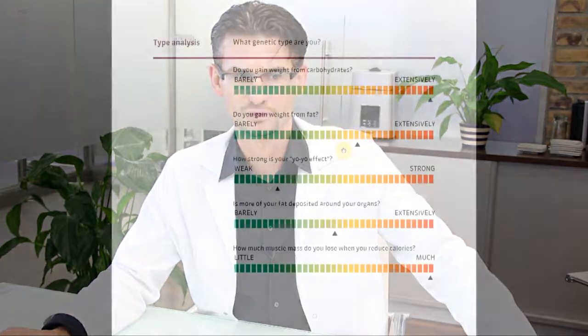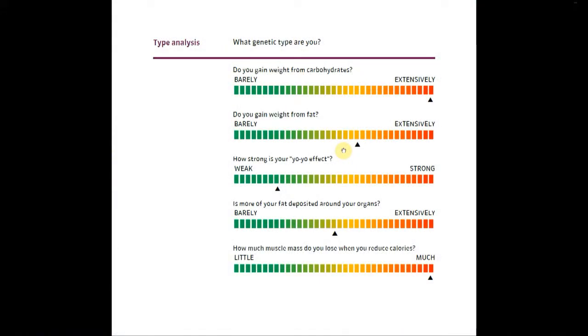All right, the next question is more of your fat deposited around your organs. Now, fat in obese people can be located in different positions, for example, around the hips, which is more common in women, or also around the organs. So it's actually in the inside of the belly, around the organs. And the problem with this fat around the organs is that it is metabolically active, which means it's more unhealthy for you than fat around your hips.